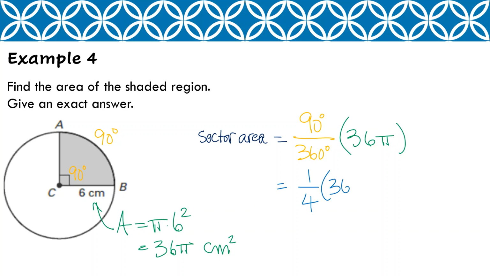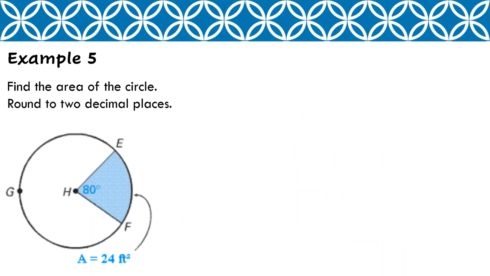The entire area of the circle is 36 pi. So our exact area of the sector is 9 pi centimeters squared. Next example.